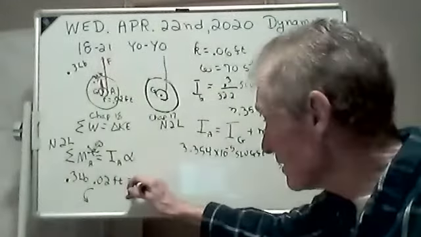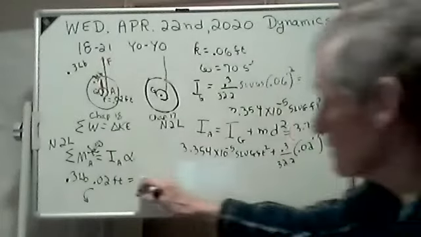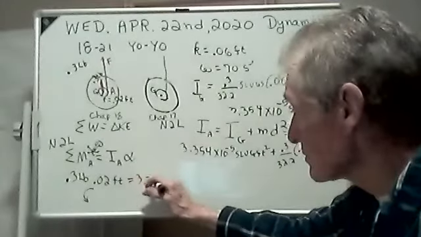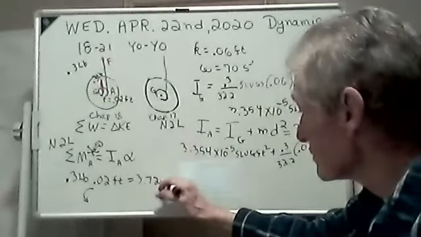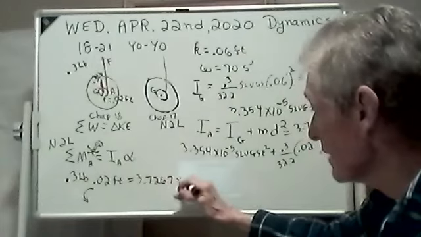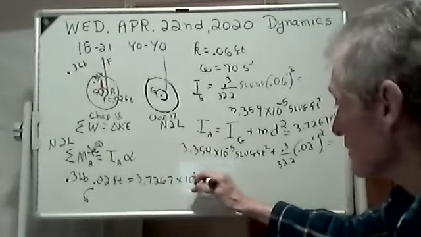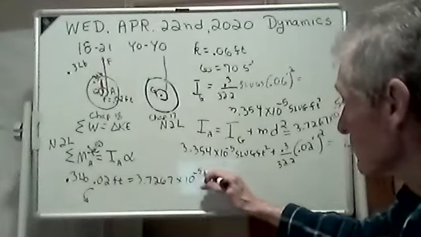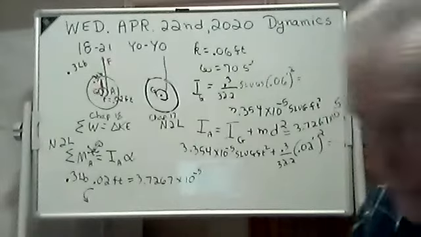And that's going to equal 3.72667 times 10 to the minus fifth. I think there are more sixes there, but that's okay. I almost wrote kilogram meter squared, but that's not right.